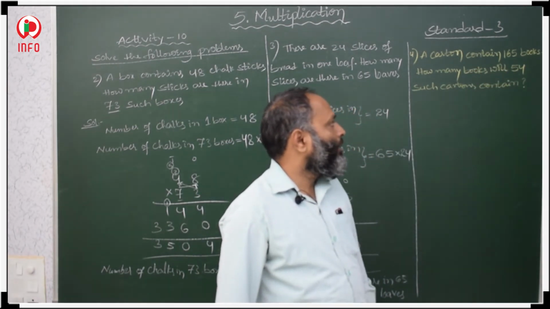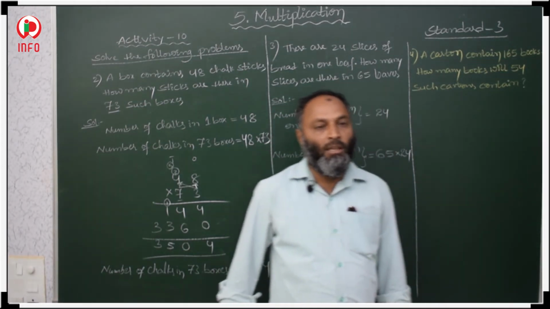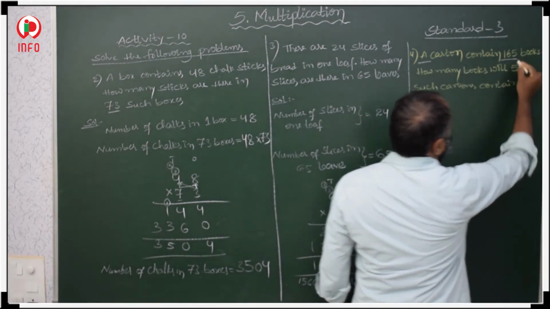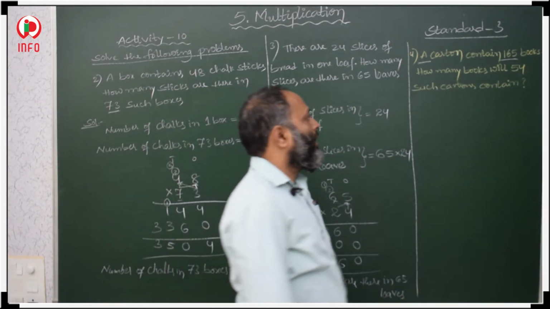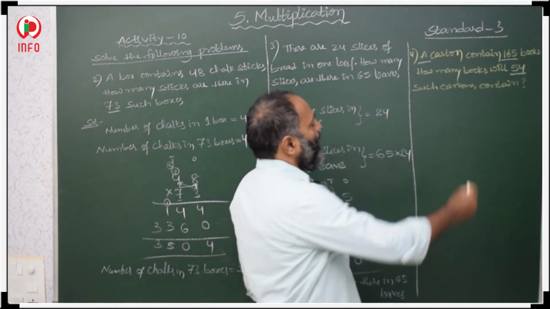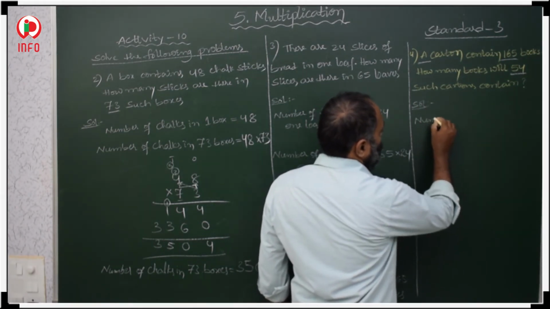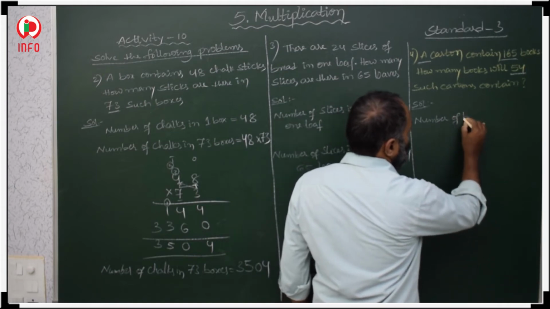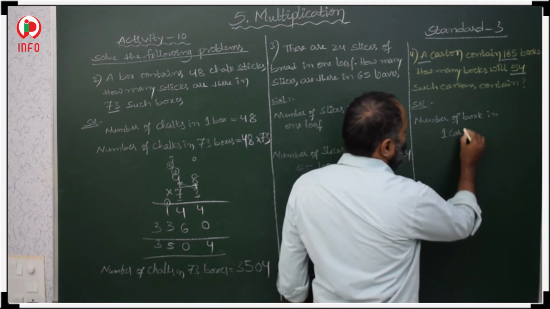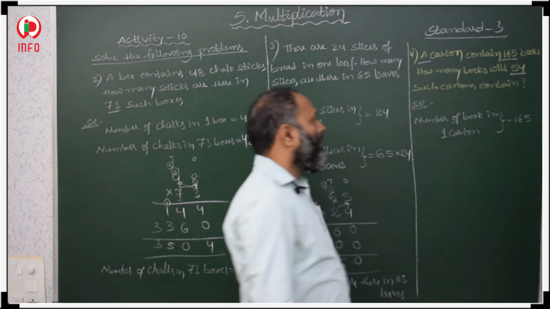165 books. How many books will 54 such cartons contain? So, about one carton, in one carton 165 books were there. Then how many books are there in 54 cartons? So, here is the solution. Number of books in one carton, how many books are there? 165 books are there.